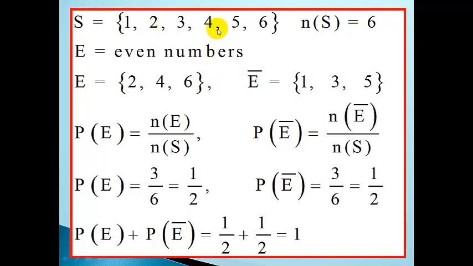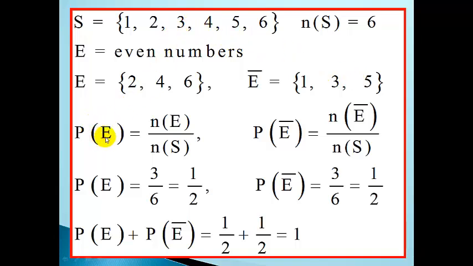Among 1 to 6, the even numbers are 2, 4, 6. That is E. So when we say E bar, that is the set of not even numbers, and that would be 1, 3, 5 from the sample space.